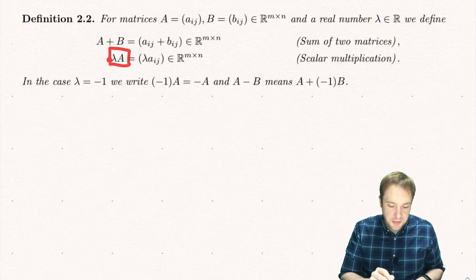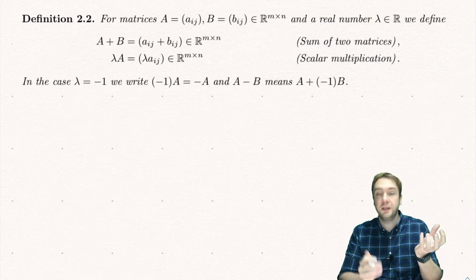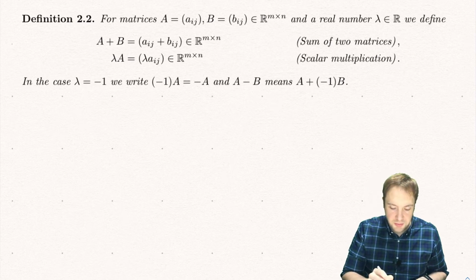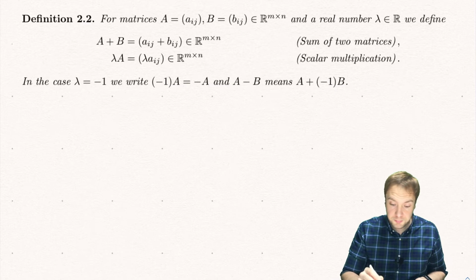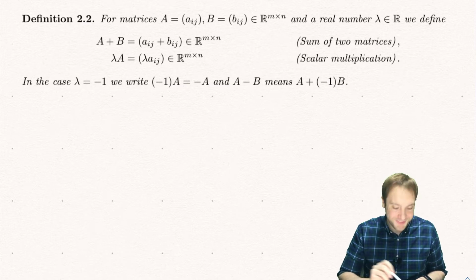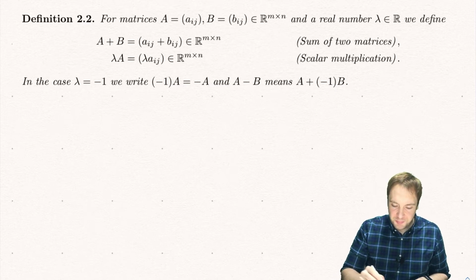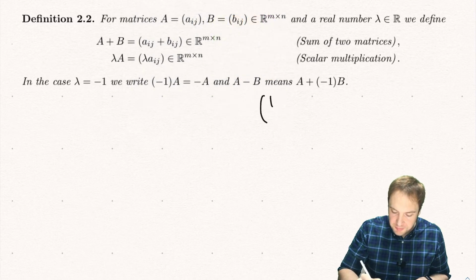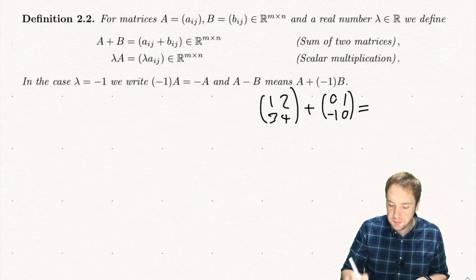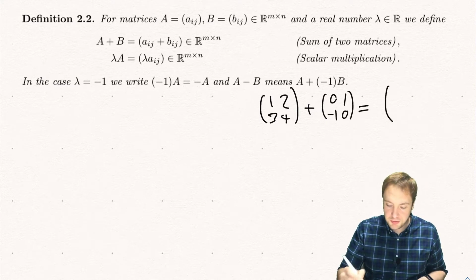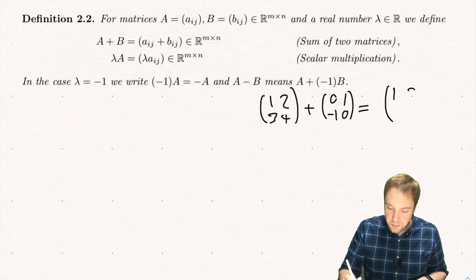And then this notation lambda times A, a number times a matrix, just means that each entry gets multiplied by this lambda. And a simple example: 1, 2, 3, 4 plus 0, 1, -1, 0. The sum of these two matrices is just that I add these numbers component-wise.